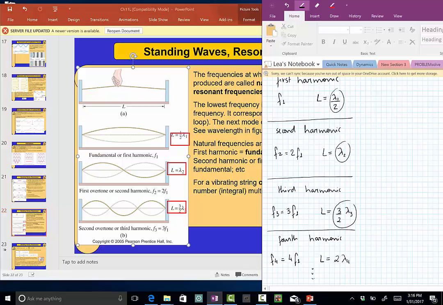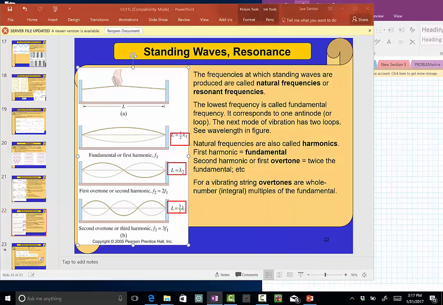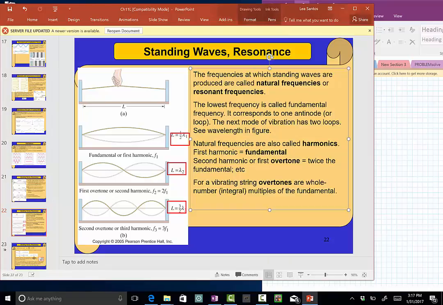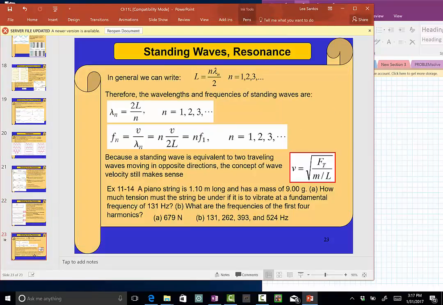Okay? So by watching this, by playing a little bit with this, we can try to get a general equation for the wavelength of these standing waves. So this is what is showing up in this next slide. Just by looking at each one of these standing waves, we can arrive at this equation here. Let's see how they did this, starting from this one on top.